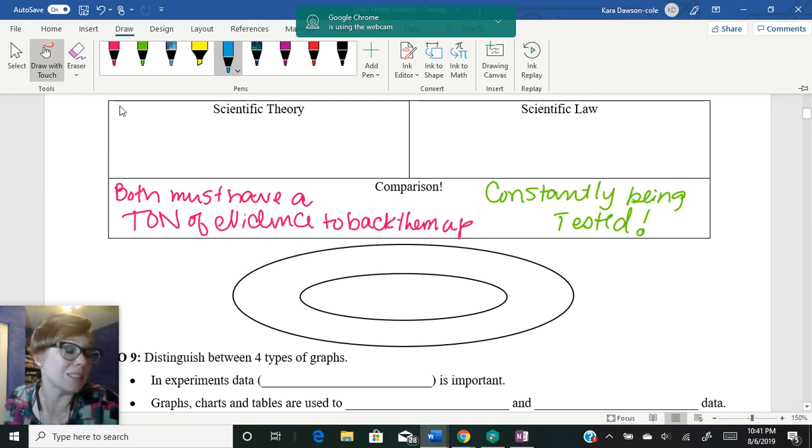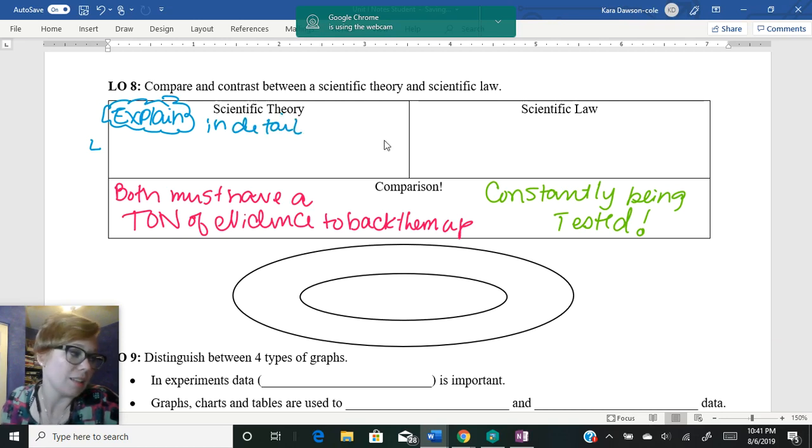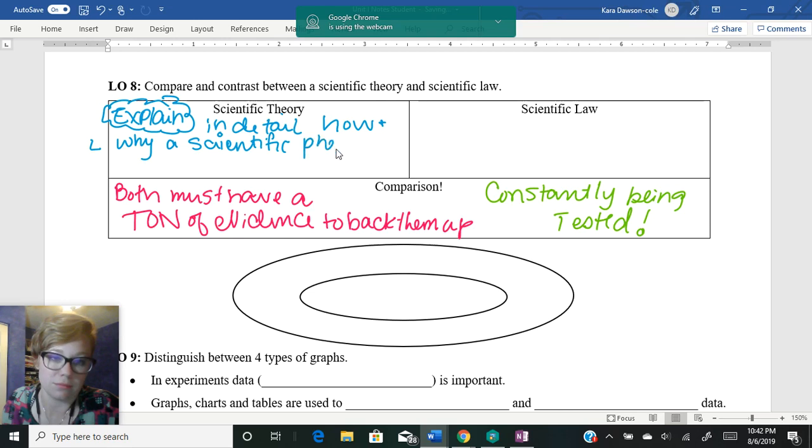But one thing about the scientific theory that's a little bit different than the scientific law is that the scientific theory is going to explain. This is a big word for this: explain. So this explains in detail how and why a scientific phenomenon occurs, or occurred if it's past tense.